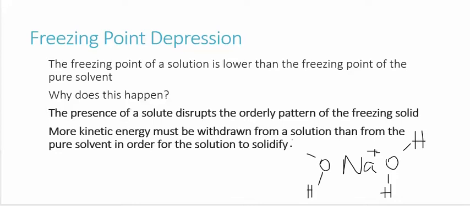In order for water to freeze, the water molecules have to touch one another. If these ions get in the way, it disrupts that orderly freezing pattern. And so more kinetic energy must be withdrawn from the solution in order for the water to solidify, in order for it to freeze.